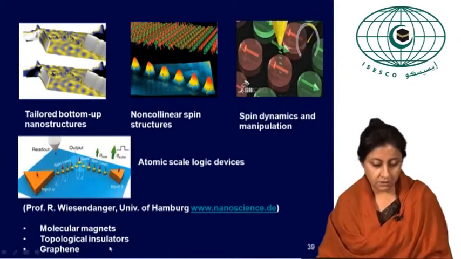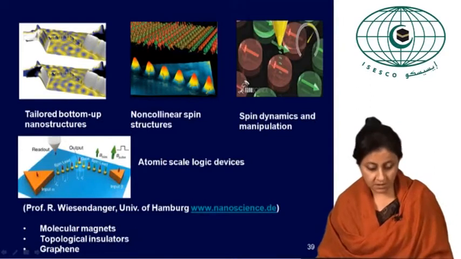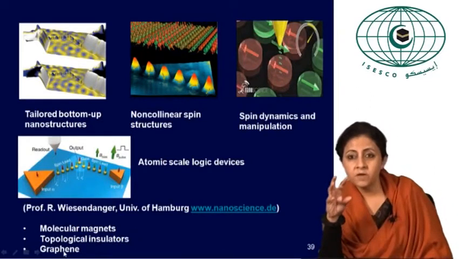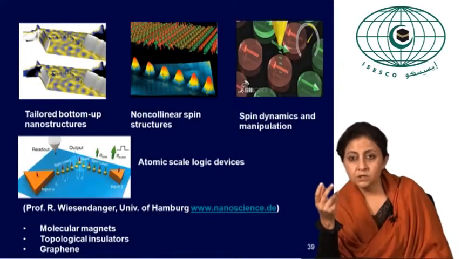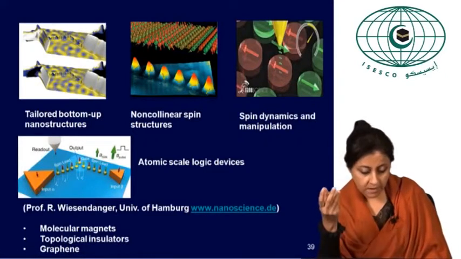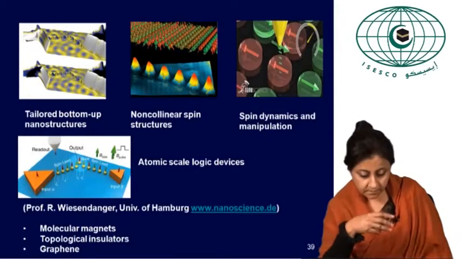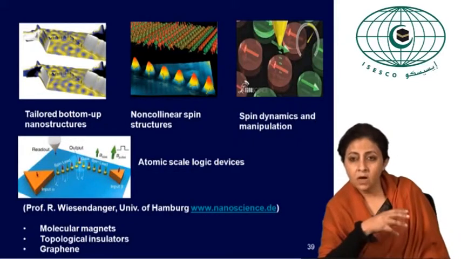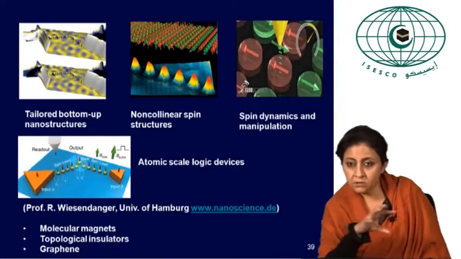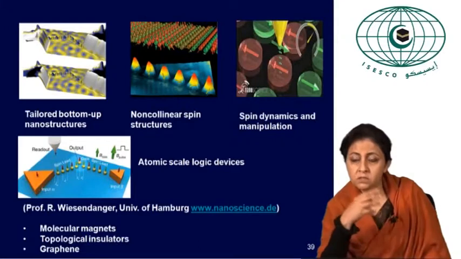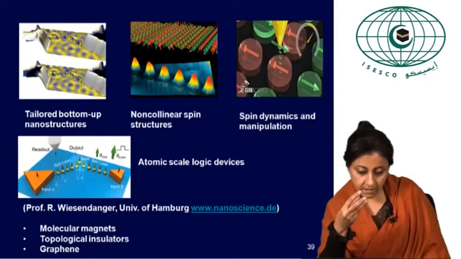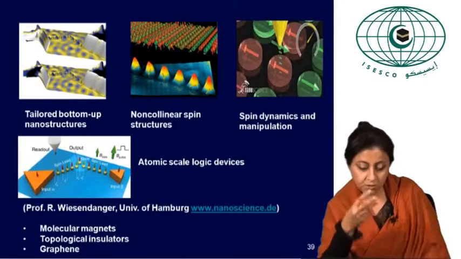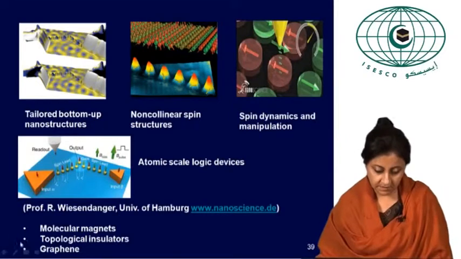And graphene, of course, is a fascinating material, because it has a very unique band structure which consists of 2 Dirac cones. And the idea is, again, how graphene can be used as a magnetic material, or how the electronic density of states of graphene can be used in conjunction with magnetic materials.